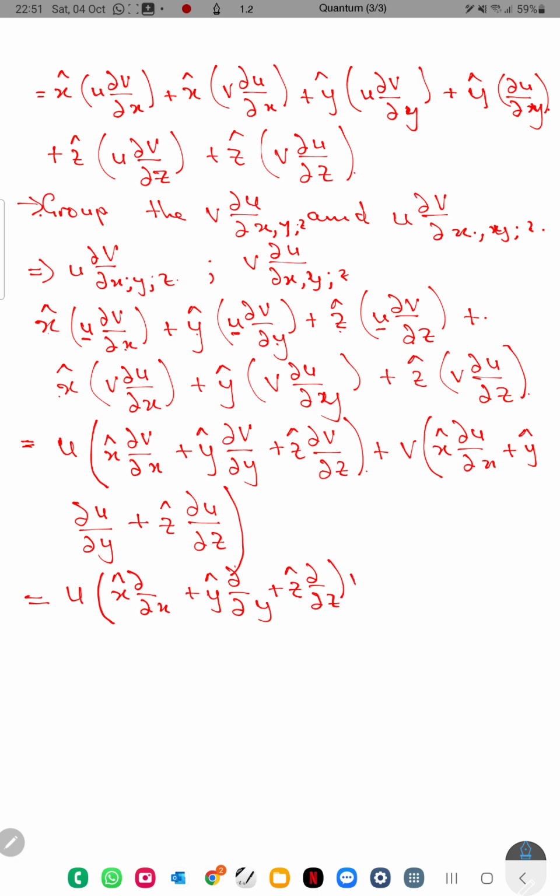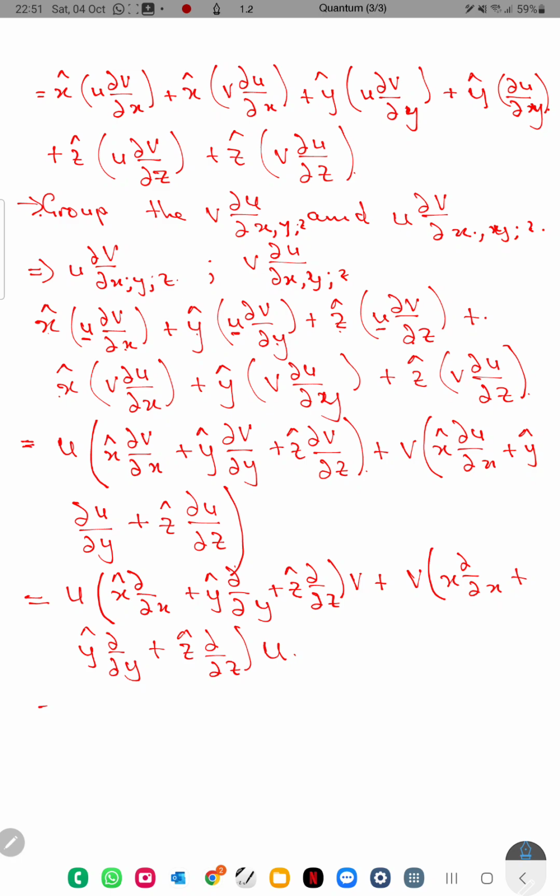Then we take out v, plus, remember v is out, so it's x d of dx plus y d of dy plus z d of dz. And we take out the u outside.